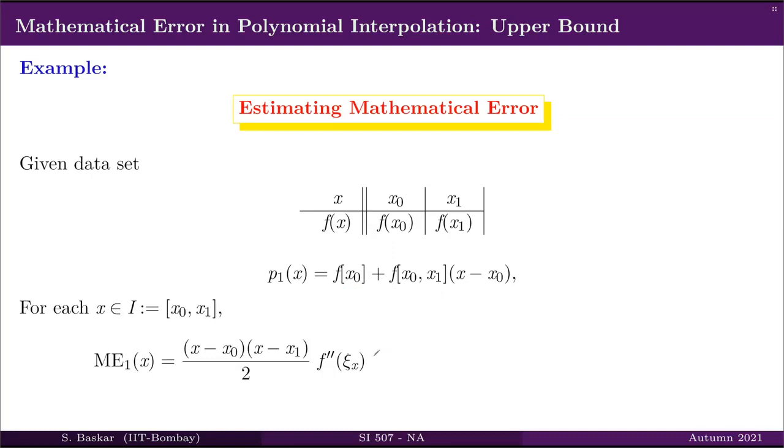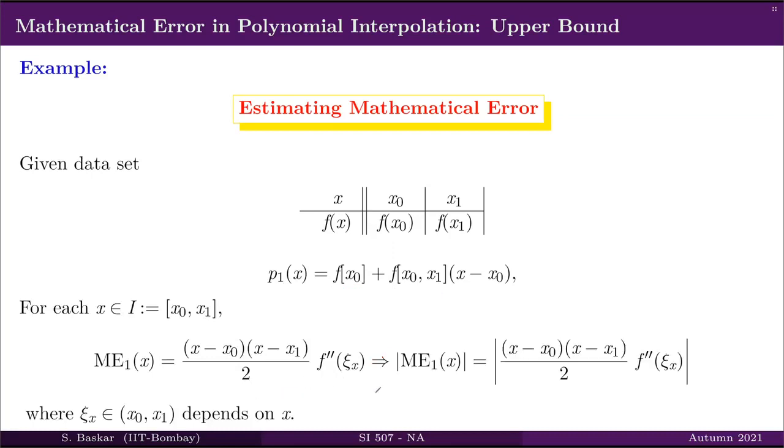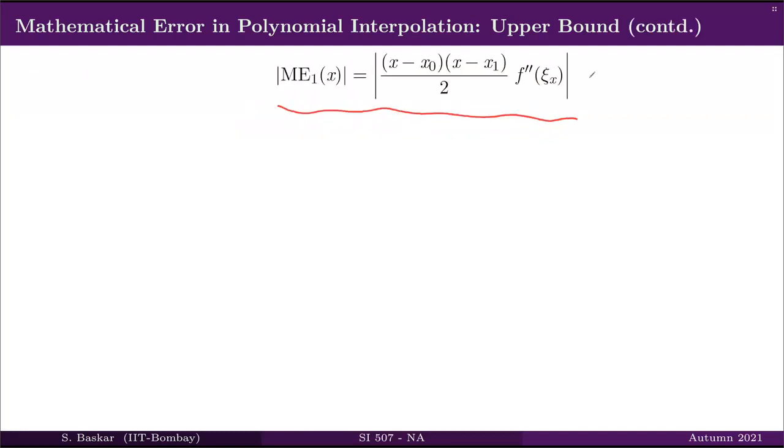From our expression, the mathematical error involved in p1 of x when compared to f of x is given by this expression. Now take the modulus on both sides, we get this. Now this can be written as mod x minus x0 into mod x minus x1 divided by 2 into mod f double dash of xi x, right?